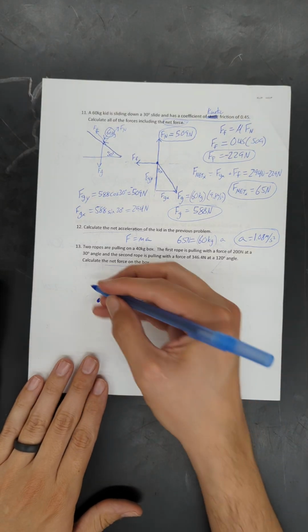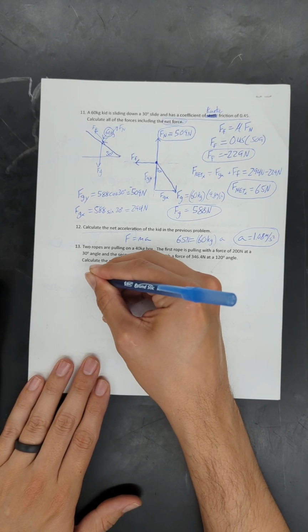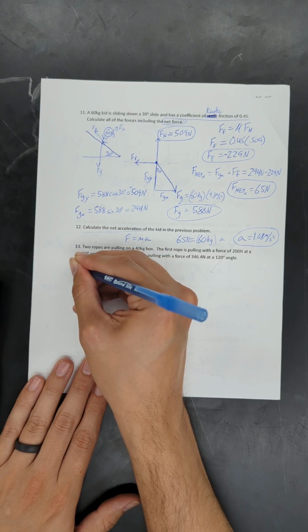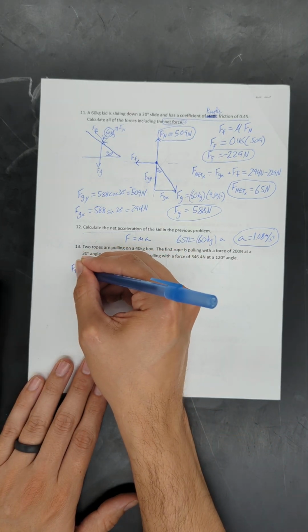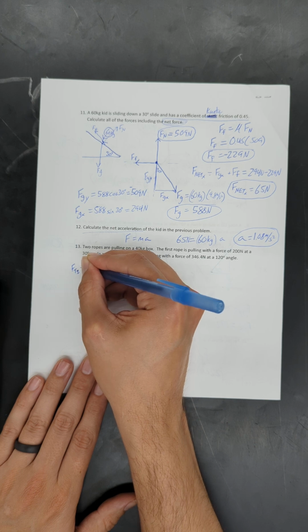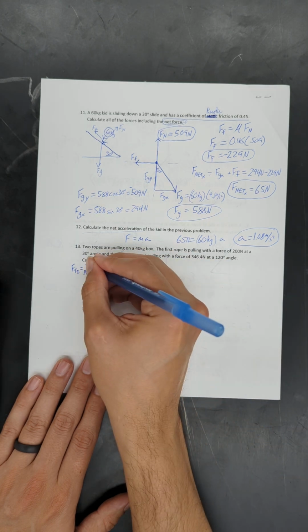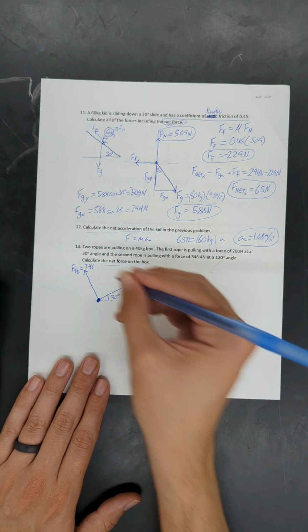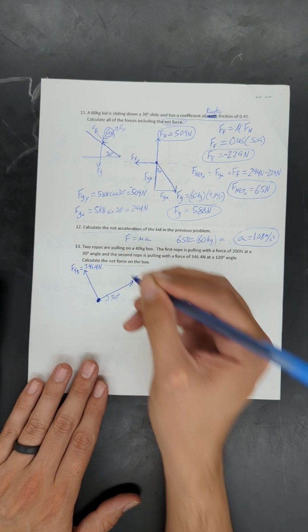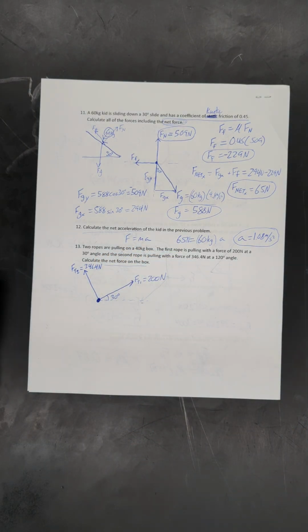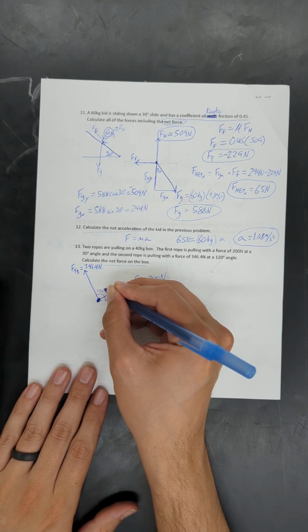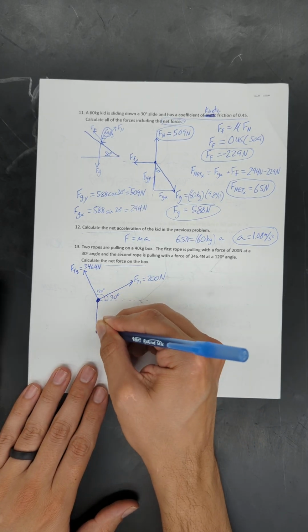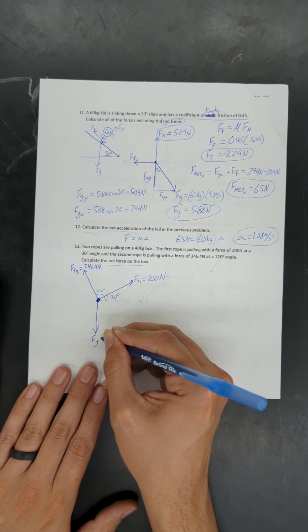Second rope is 120 degrees, so that's way up here. Force tension 2 equals 346.4 newtons, 120 degrees. And then, of course, gravity, always gravity.